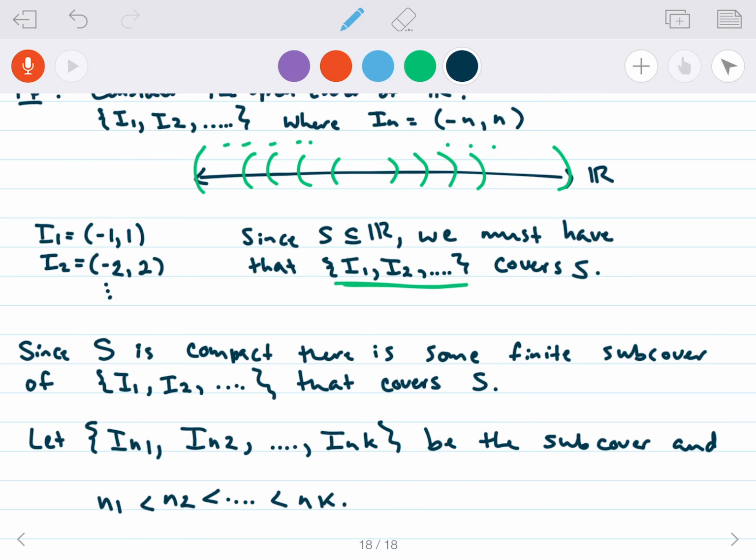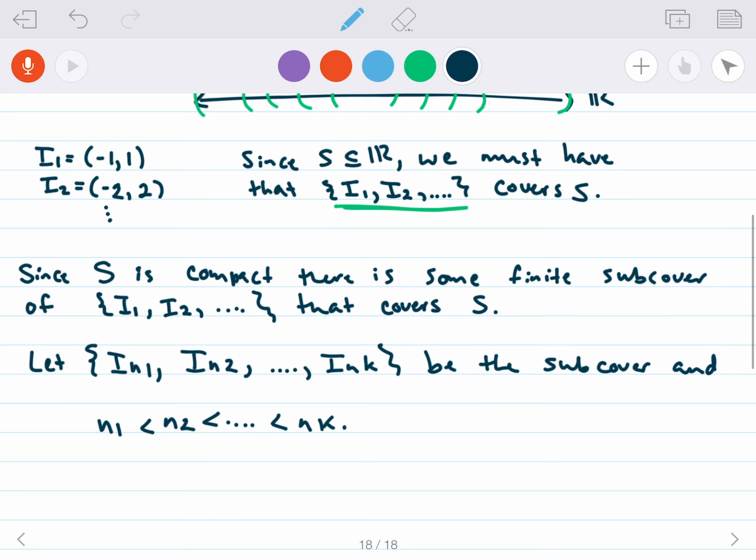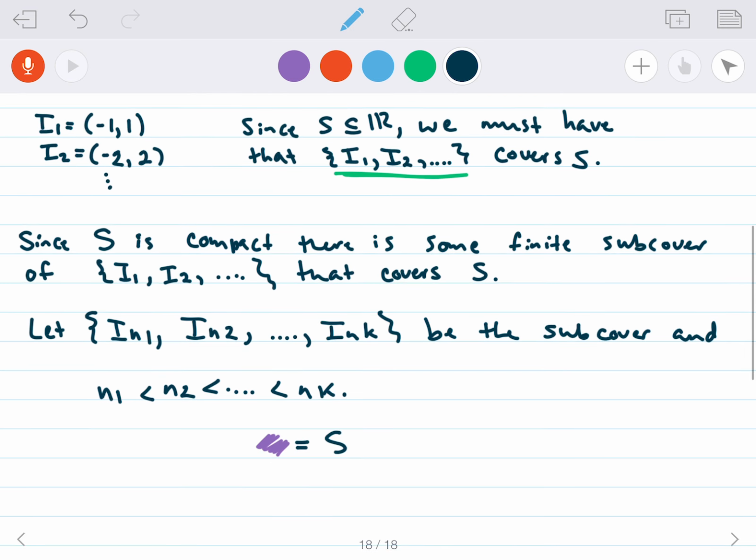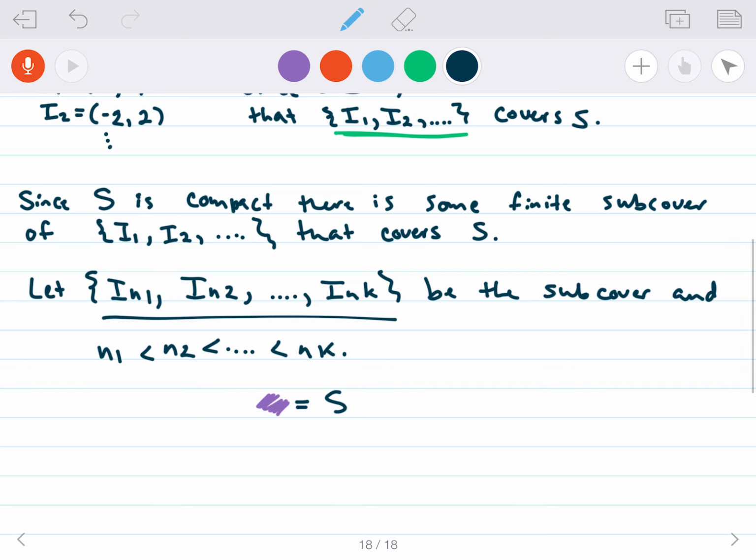Okay, so essentially we're plucking out a subsequence. Okay, and so let's go ahead and look at the picture here. I'll say that this purple part is going to be my set S. And so the idea here is that this finite subcover is going to completely cover S.